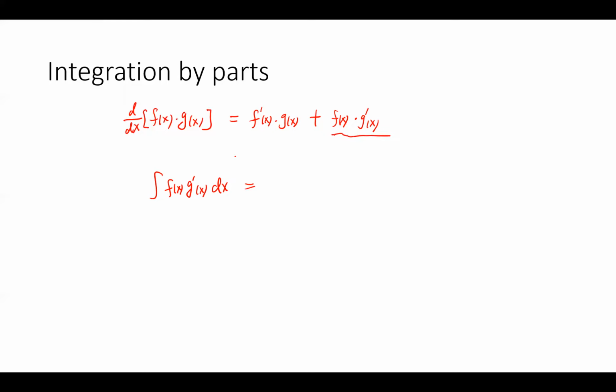Let me maybe just start with the direct result first. So if we take the integration of both parts, we want to take the integral of these parts with respect to x, right? So we take the integration of each portion.